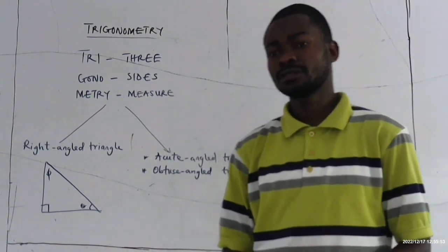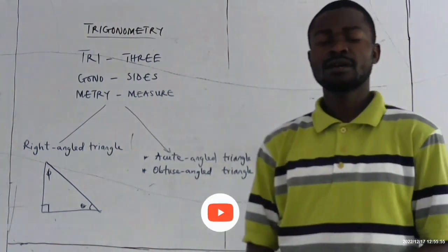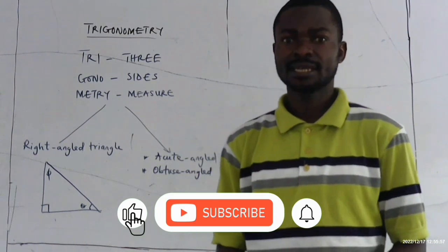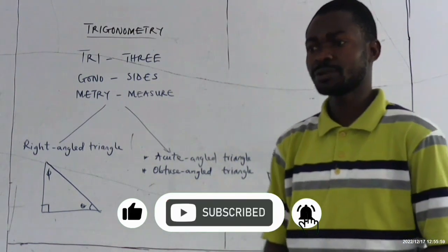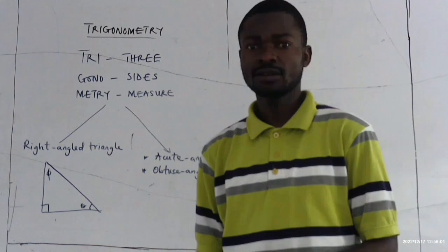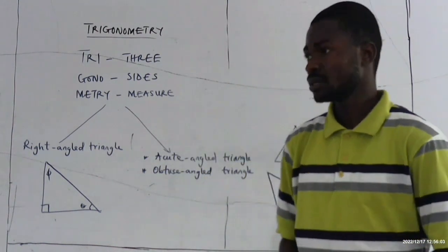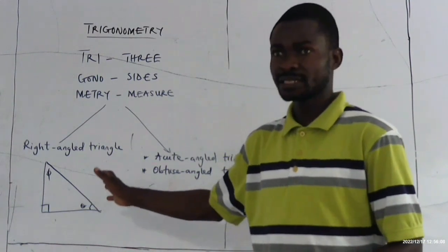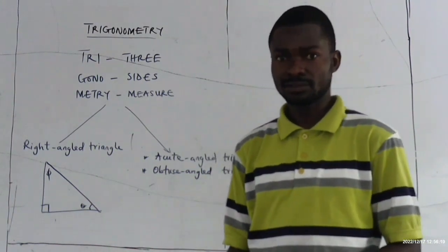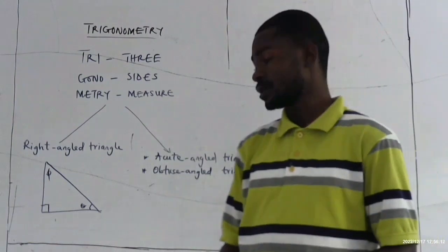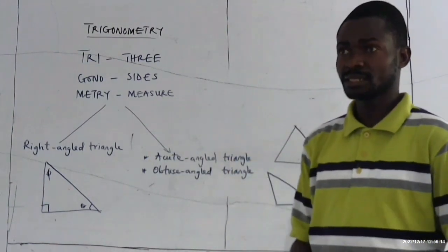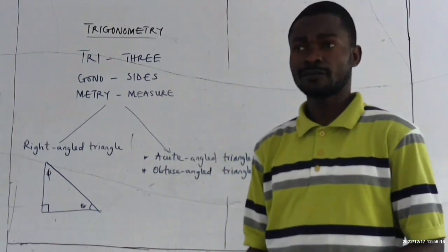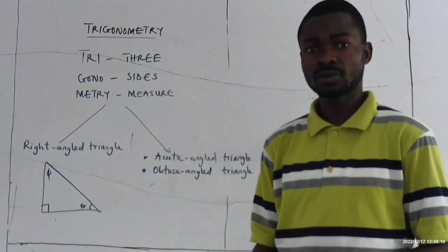So we'll be looking for the sides and the angles. In trigonometry, we will be asked to find either the sides or the angles of the triangle. Now, in a right angle triangle, when we are to find the sides, we make use of Pythagoras Theorem. And when we are to find the angle, we make use of the trigonometric ratios, SOHCAHTOA.